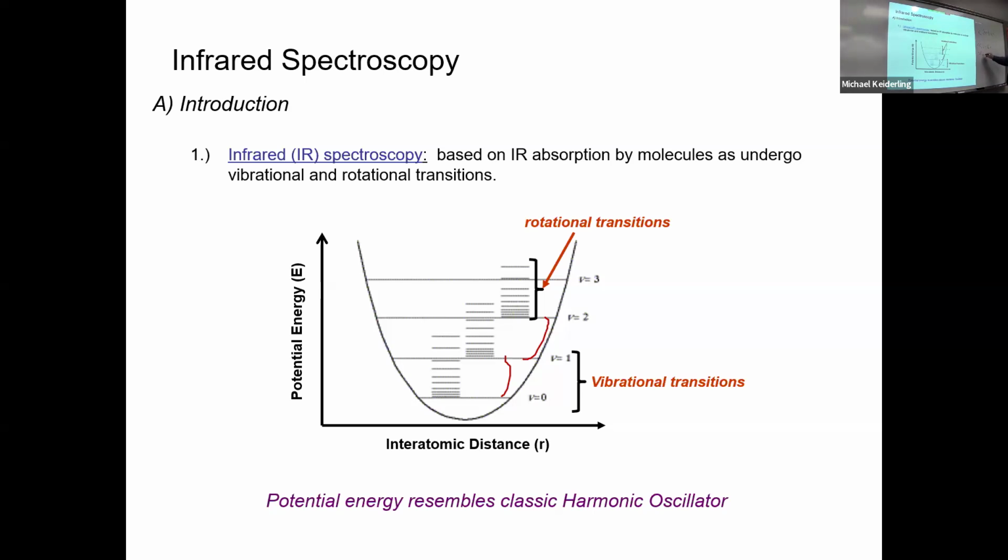From 0 to 2 would just be twice ν₀ times h. And so, if this had a wave number of, I don't know, 900 inverse centimeters, this would have a wave number of 1,800 inverse centimeters.